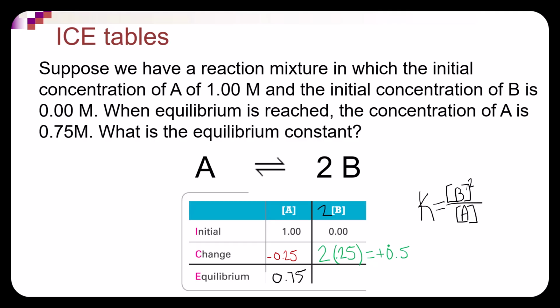All right, now that we know the change, we also can determine what the concentration of B was at equilibrium. So we've got 0 plus 0.5. So the equilibrium concentration of B is just 0.5.